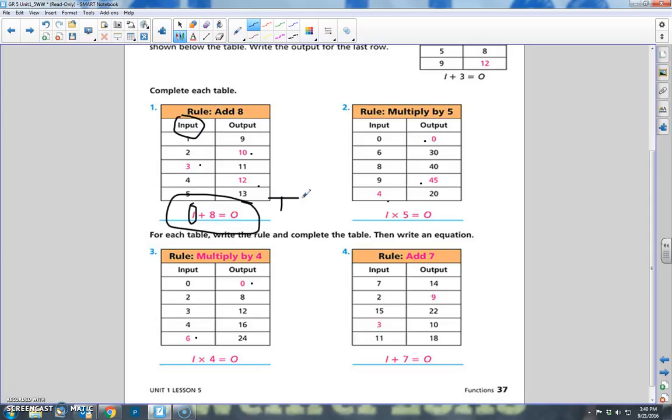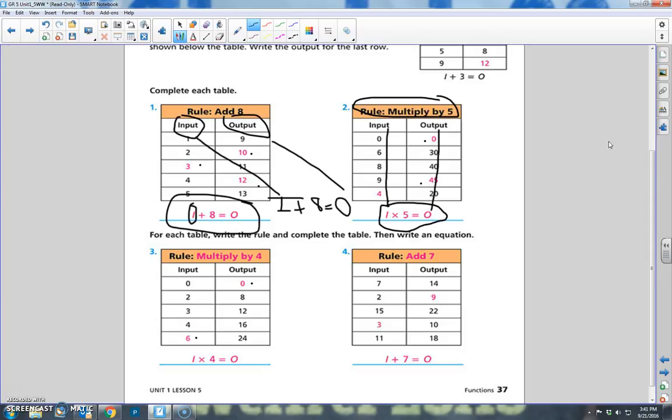So this is I plus 8 equals O, O for output. I for input, O for output. That's how they write it. So this is I times 5 equals O. That's the equation for this right here.